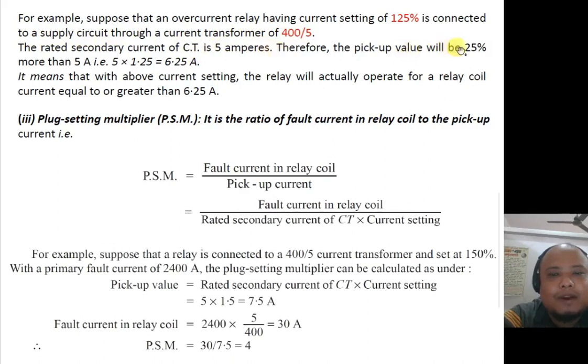Therefore the pickup current will be 125% of 5 ampere, that is 6.25. That means this is the pickup current of the relay. As soon as the current in the relay operating coil reaches or goes above 6.25, the relay will be activated and send a trip command to the circuit breaker via the trip circuit.